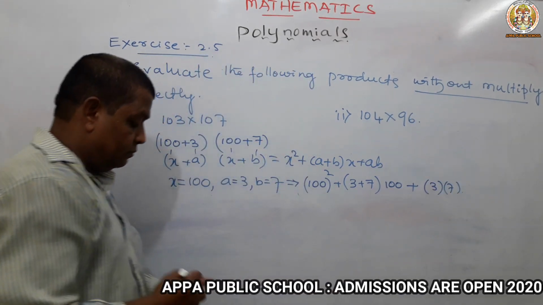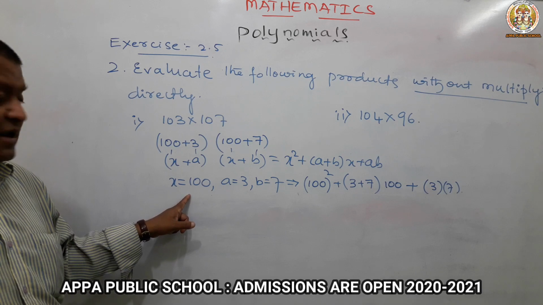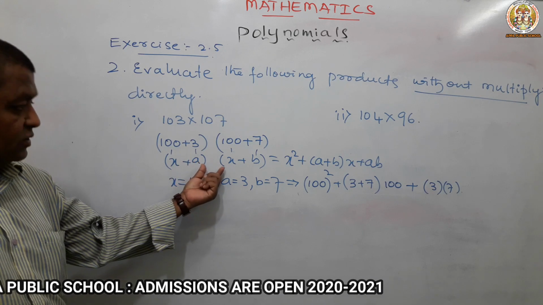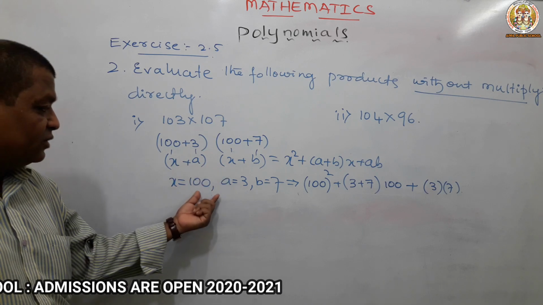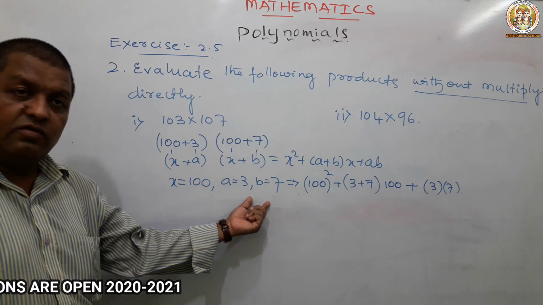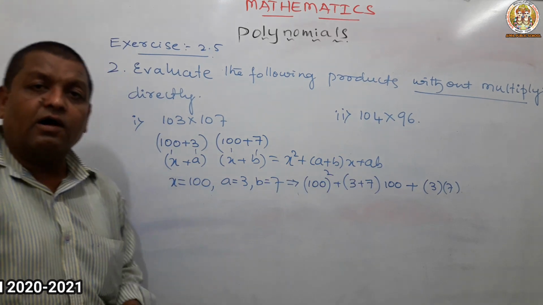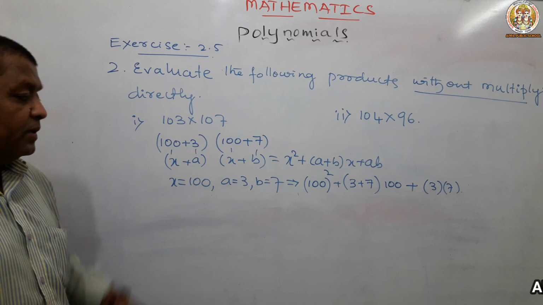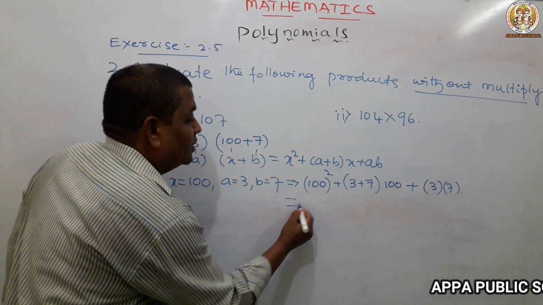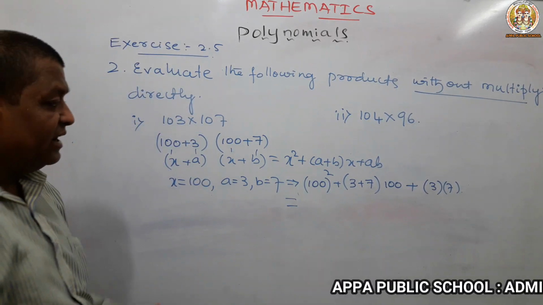Okay. So what I did, I selected the correct formula for this, took the values of those unknowns and substituted them in the formula. Open the bracket. 100 square. So very easy.